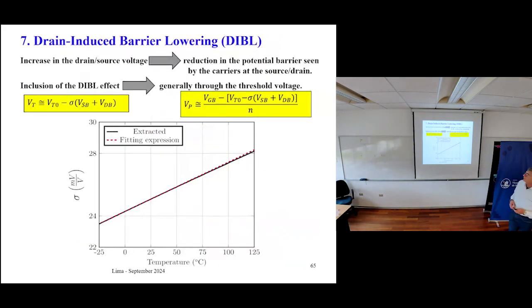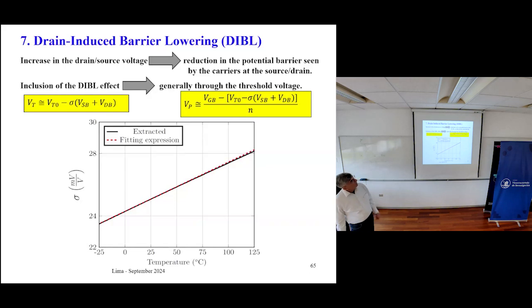So far, I have talked about the 3-parameter model: threshold voltage, specific current, and slope factor. Now, I'm including the fourth parameter, which is called the drain-induced barrier lowering.